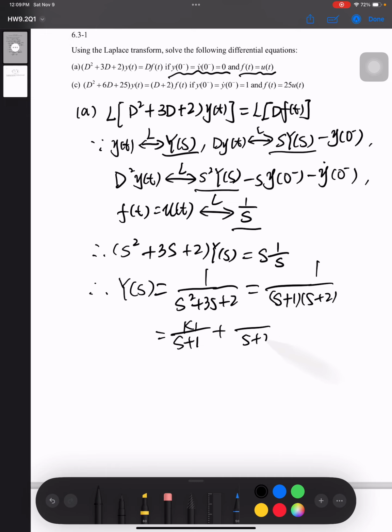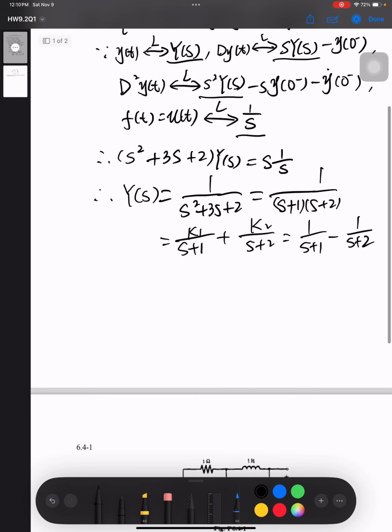And similarly, we just use the cover-up method, and eventually we get 1 over s plus 1 minus 1 over s plus 2. And so its inverse transform is y(t) equals e to the minus t minus e to the minus 2t, times u(t).